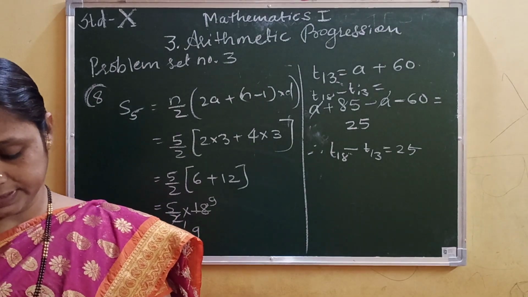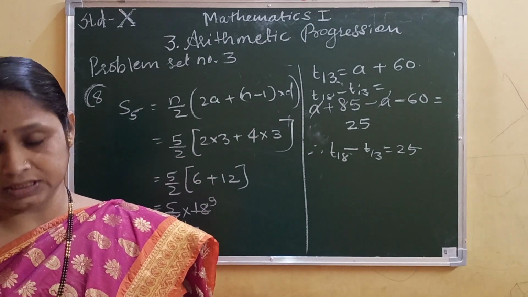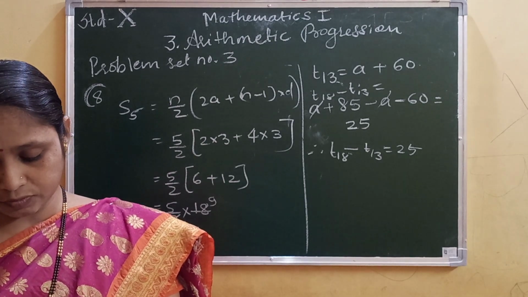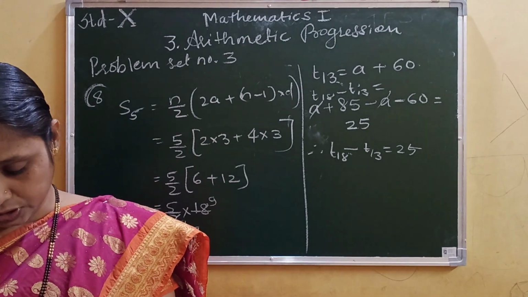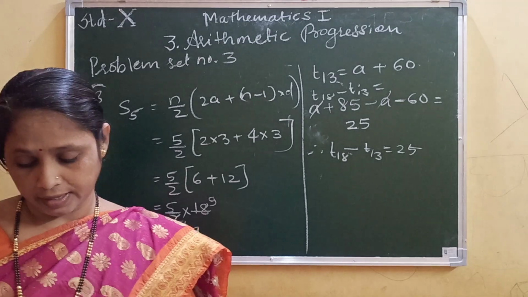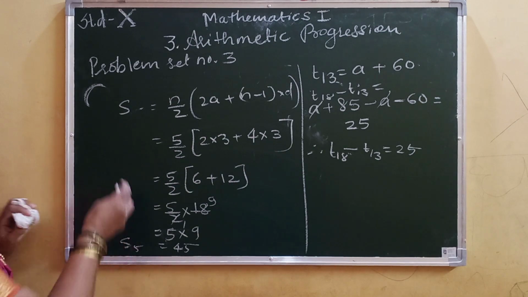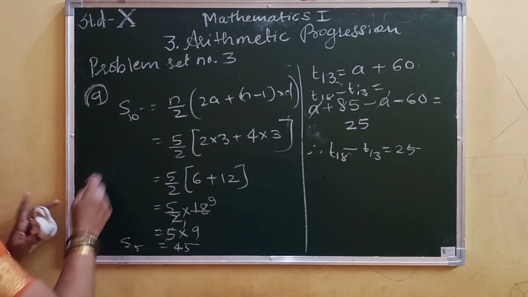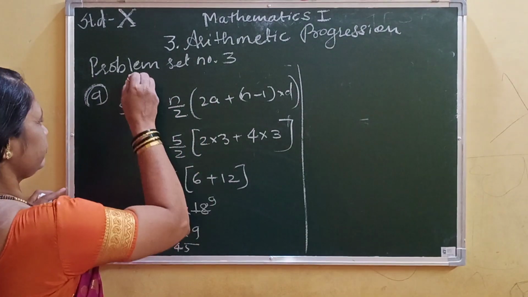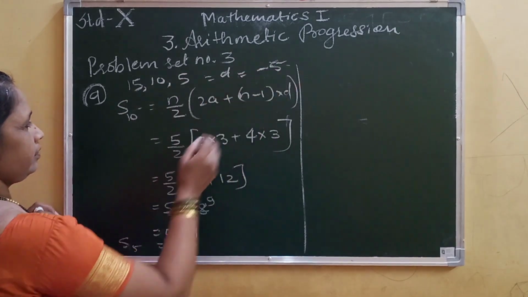Now the 9th example: 15, 10, 5 in the AP. The sum of the first 10 terms is, now this is decreasing. So the difference here is minus 5. You have to find the sum of the first 10 terms, so S10 you have to find out. The series is 15, 10, 5, which means D is equal to minus 5 and A is 15.